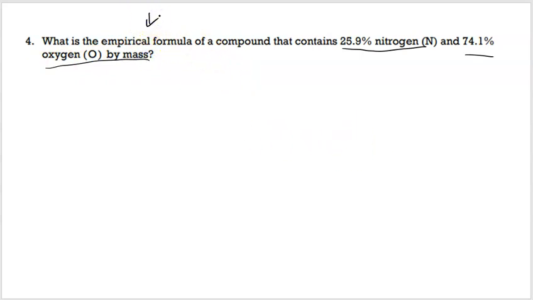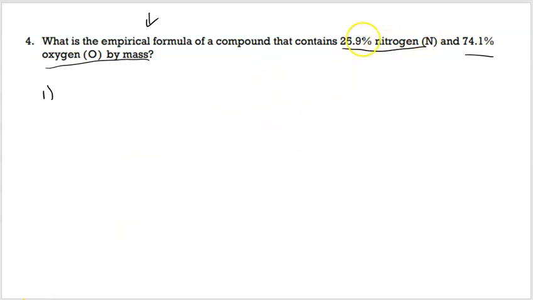Now this is probably the longest process of anything for practicing for topic 6.2. There are lots of steps, and it's easy to get lost in the shuffle. The first step: we're going to divide the percent by the molar mass.